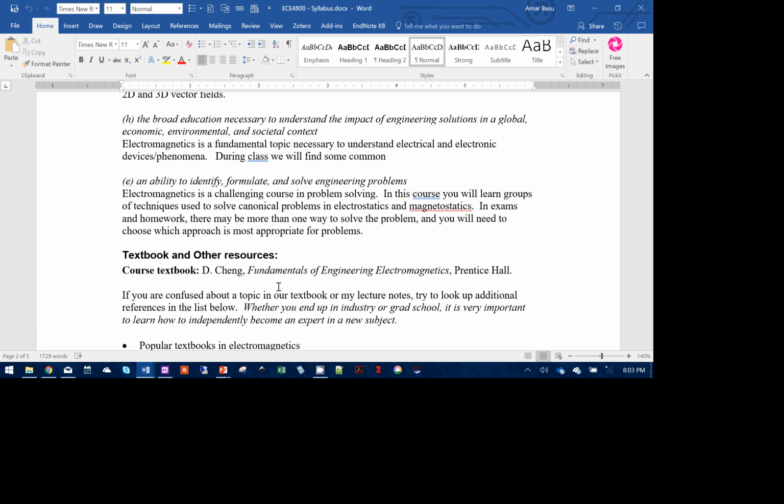A lot of solving for electrostatic fields, a lot of vector calculus, a lot of vector math, and we will go over it in a way that is doable for you. But it is something that builds on vector calculus. So we'll spend time to go over that in the beginning and make sure that you keep up with it and that you learn it well, because you will need it for the second half of the course.